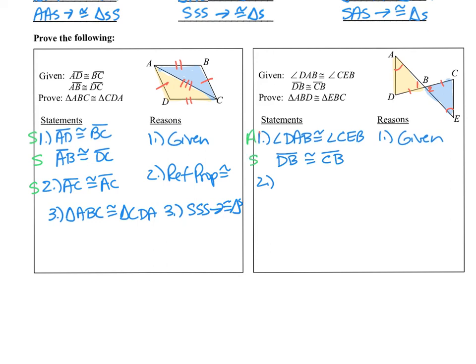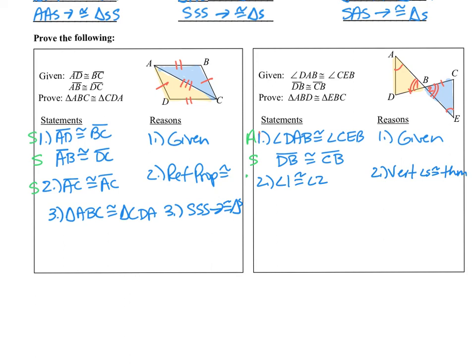So let's talk about those vertical angles again. Remember, vertical angles are always congruent, so let me mark those. We have angle 1 congruent to angle 2, and the reason why is because of the vertical angles congruence theorem that we proved a while back.